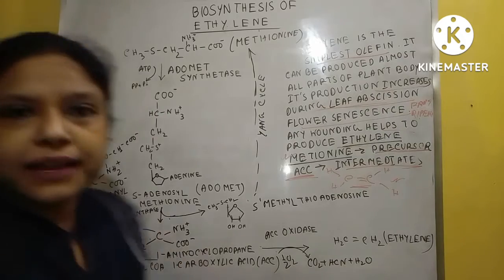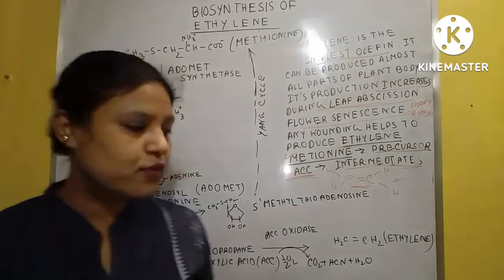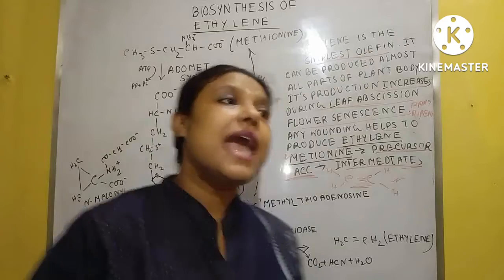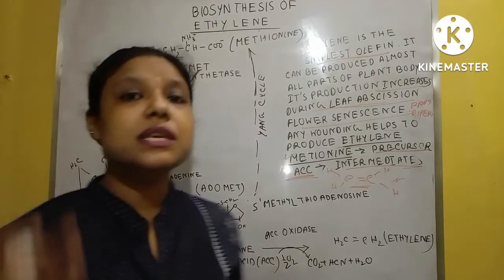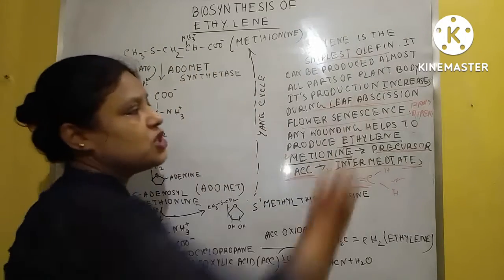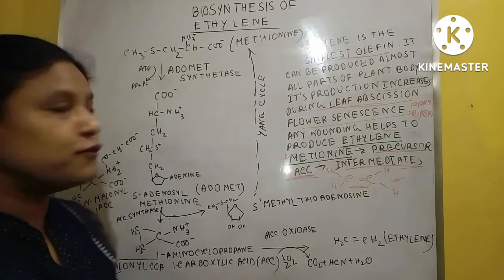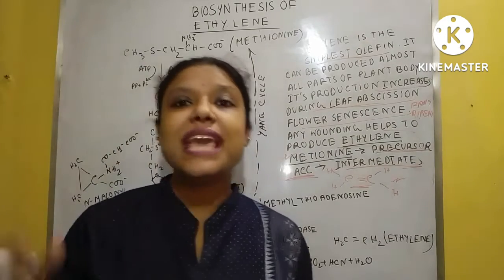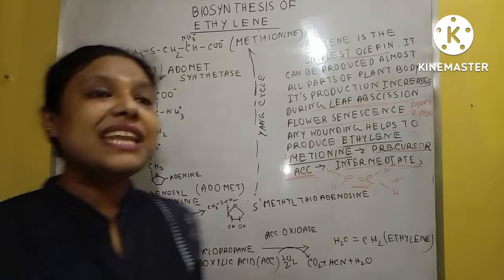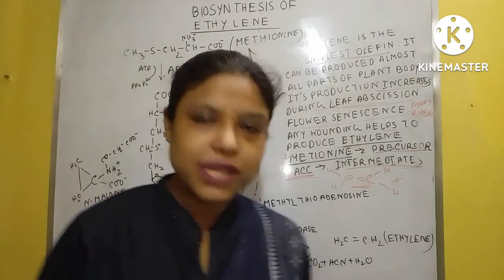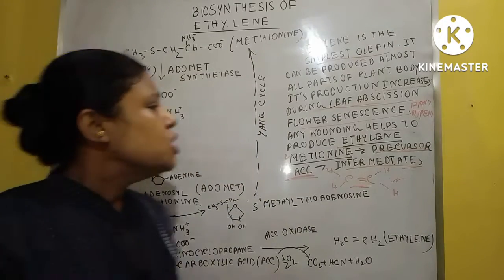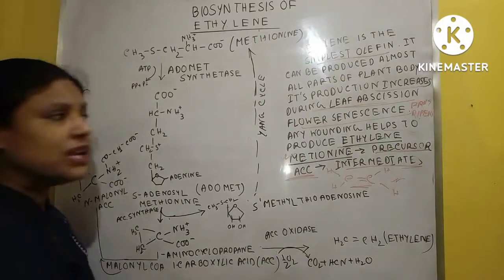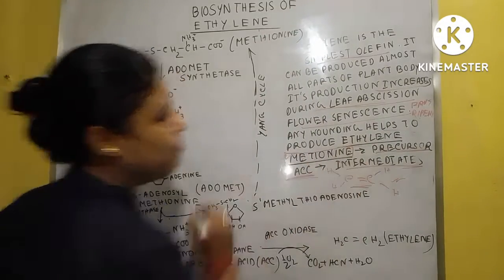So what we learned here: ethylene is a plant hormone whose production increases during leaf abscission, flower senescence, fruit ripening, and during any injury or wound in the plant's body. And the precursor name is methionine.